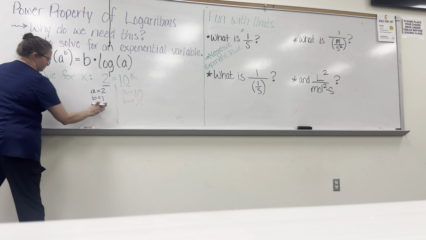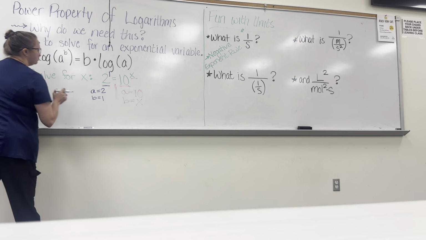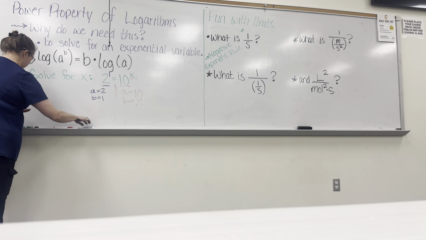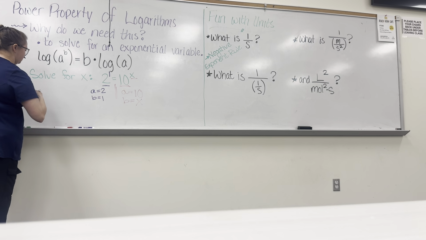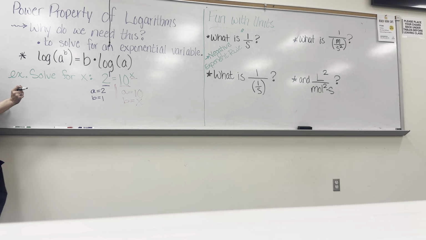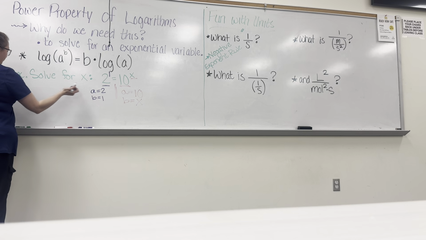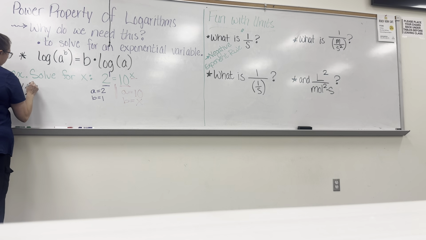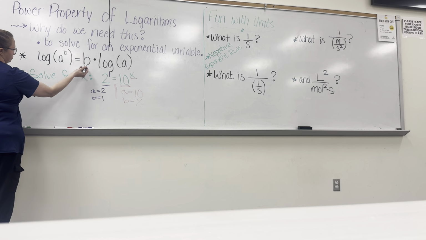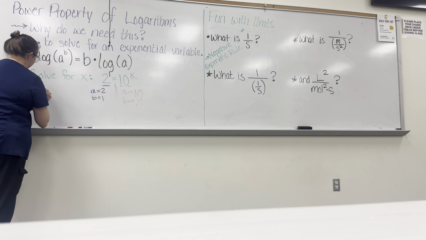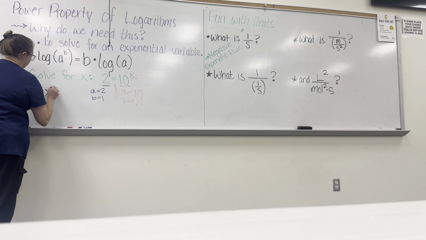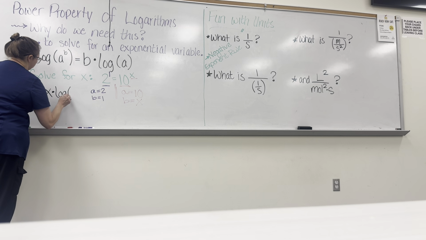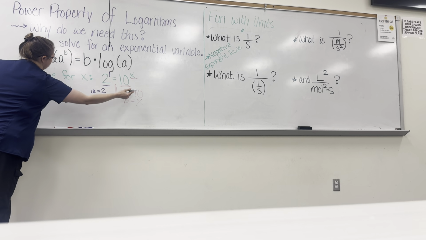Now we're going to fill in for this power property of logarithms law. So we've got log of the quantity A, 2, to the B, 1, equals B, here x, times log of the quantity A over here, 10.